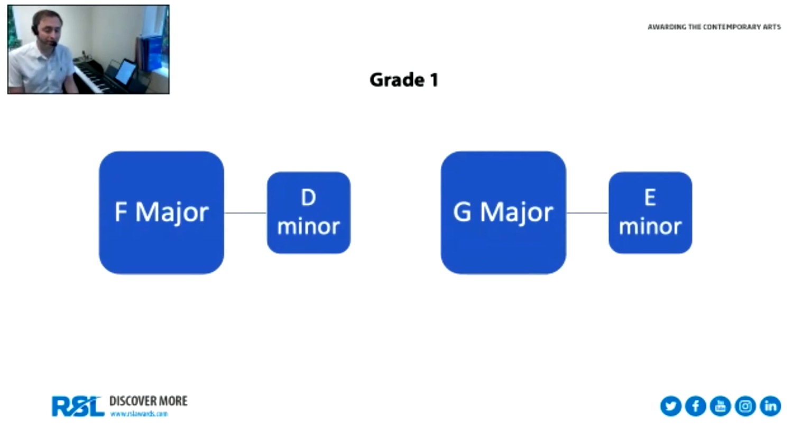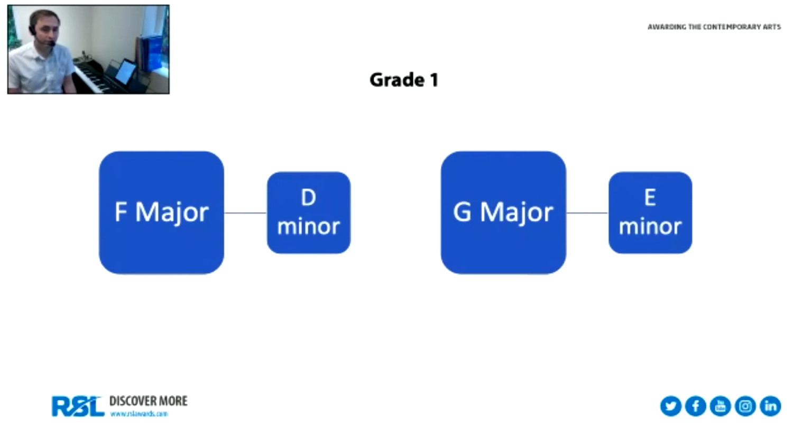As I mentioned earlier, we've got F major and G major, so one key with 1 flat, 1 key with 1 sharp, and the related minor keys as well. So again, a very strong connection there between F major and D minor, and separately G major and E minor. There's a very good correlation between those.